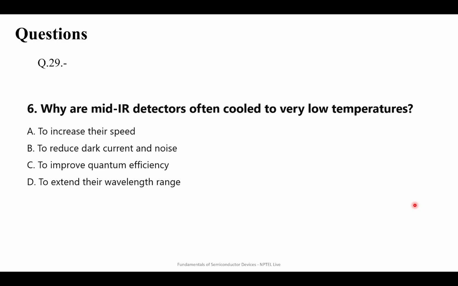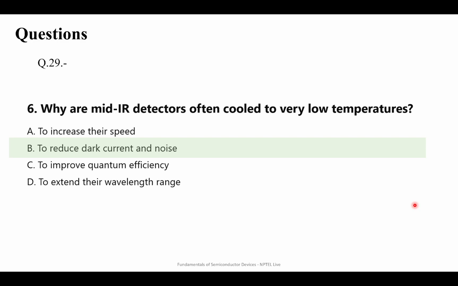Why are mid IR detectors often cooled to very low temperatures? To increase their speed, to reduce dark current and noise, to improve quantum efficiency, or to extend their wavelength range. To reduce dark current and noise.